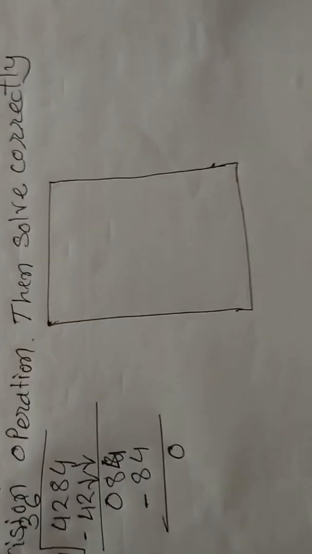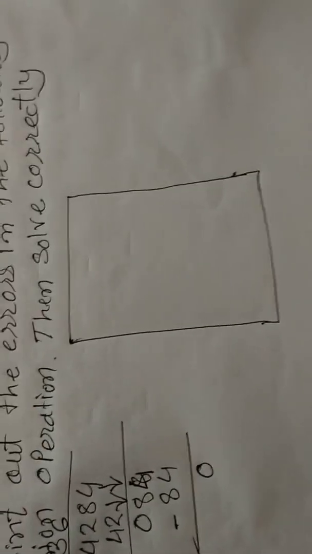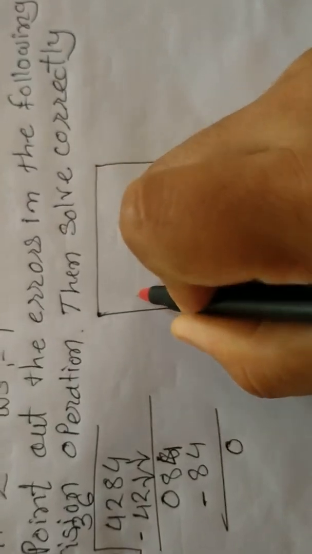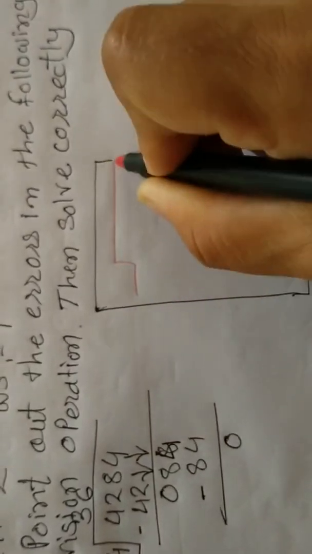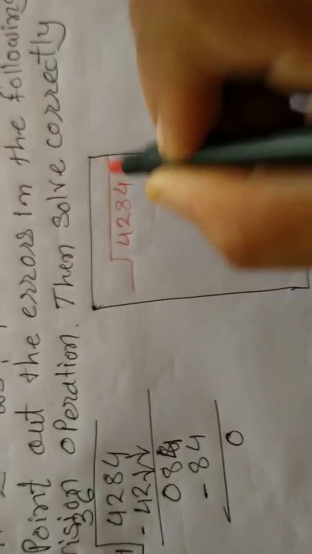here first of all we have to do the division sum, and then we'll get the answer. 4284 divided by 40 is that.